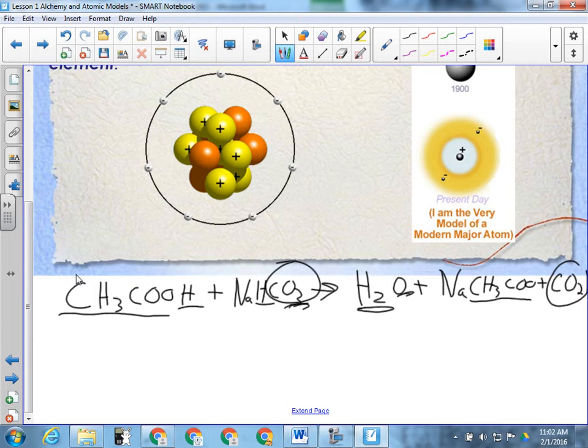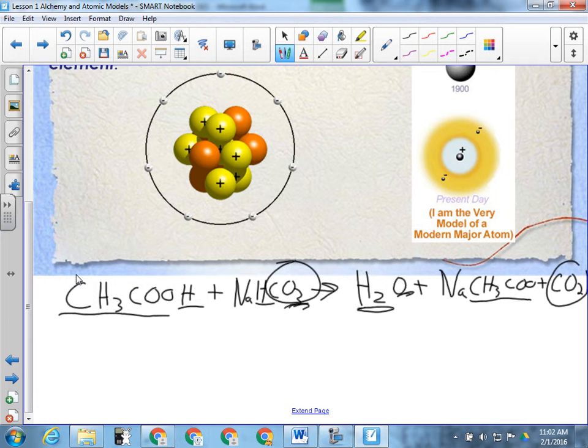I still have the same stuff that I started with, and that's what chemistry started to reveal: no matter what you mix together, you're not changing what you have. You're changing who they might be paired up with, but you still have the same elements. That's actually where the term element came from. The elements didn't change. The elements of your reaction are still the same. Who they end up with changes.